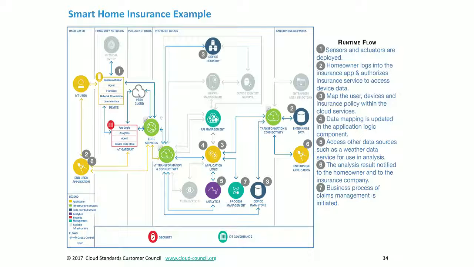That there is a water leakage started, and the insurance company can also send notification to the end user application on the left hand side, and they can take the action as I mentioned.